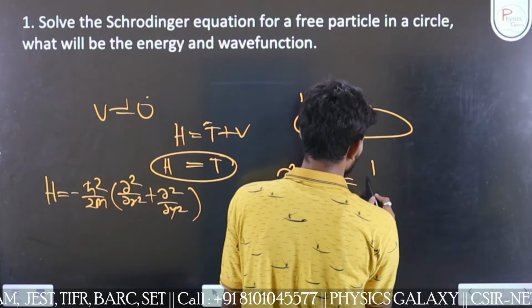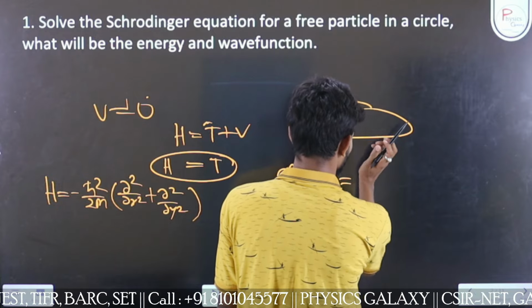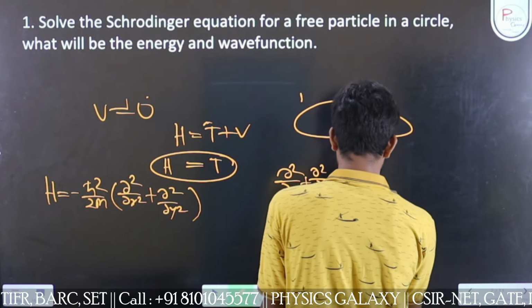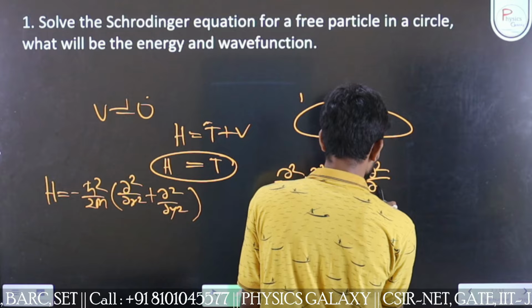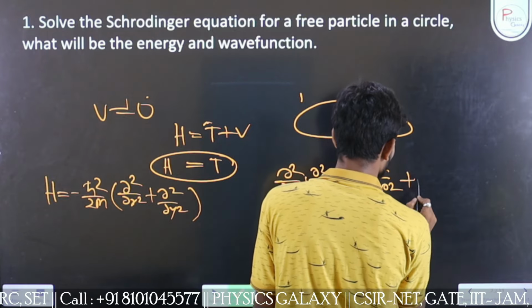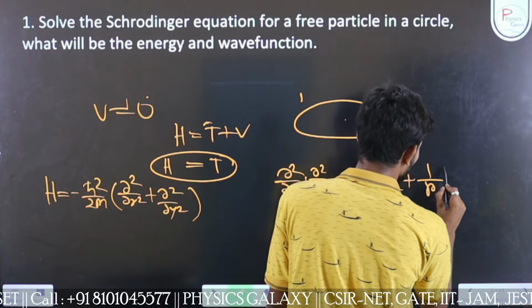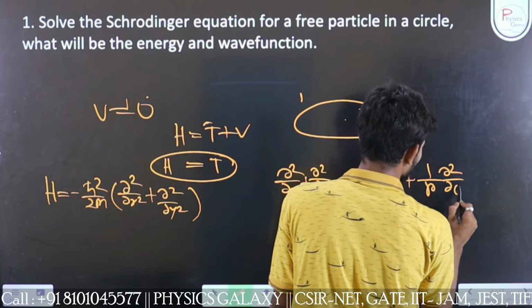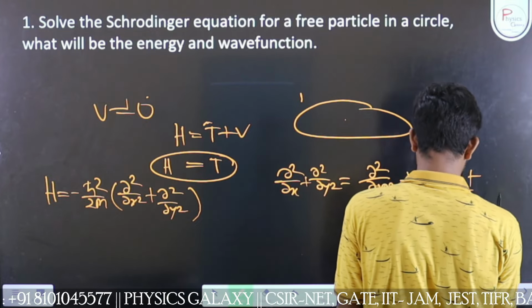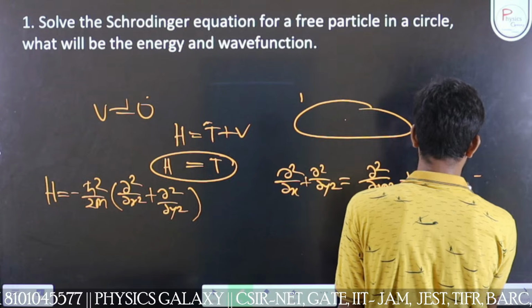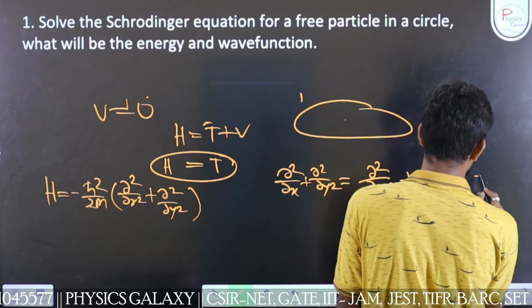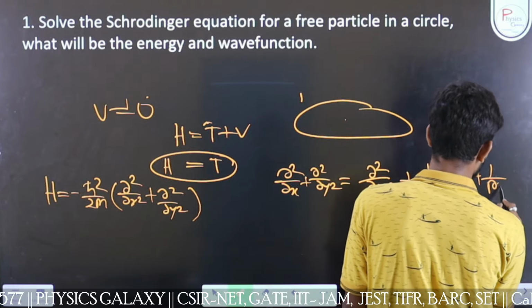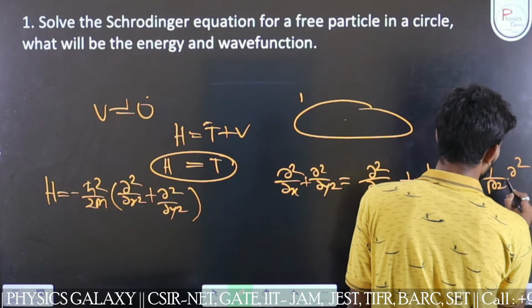It will be del 2 del r2 plus 1 by r del 2 del theta 2 plus 1 by r square del 2 del phi 2.